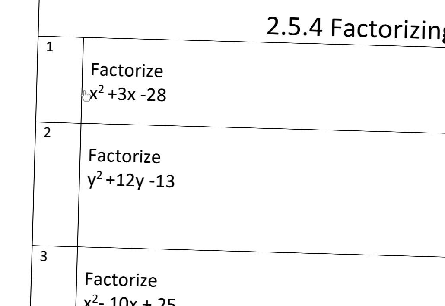If the coefficient of x squared is 1, this is a simple type of trinomial, and we can factorize. If the coefficient of x squared is 1, we have two brackets. x squared, so x times x. Negative 28.